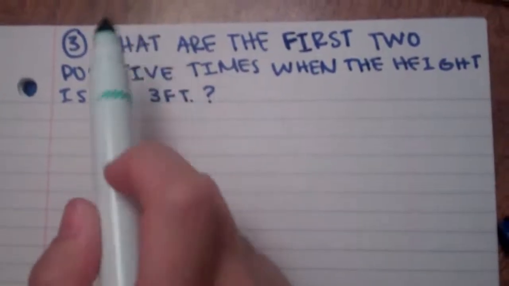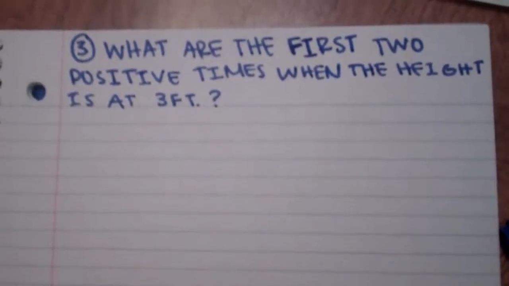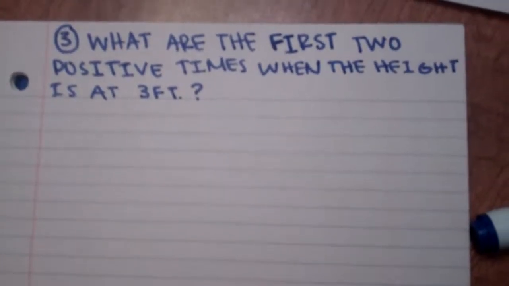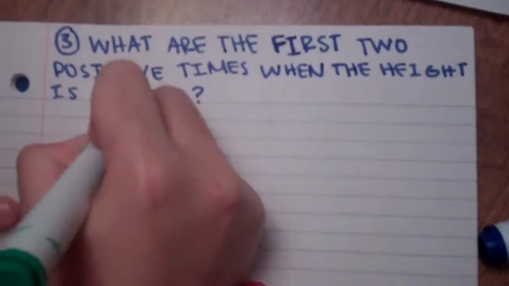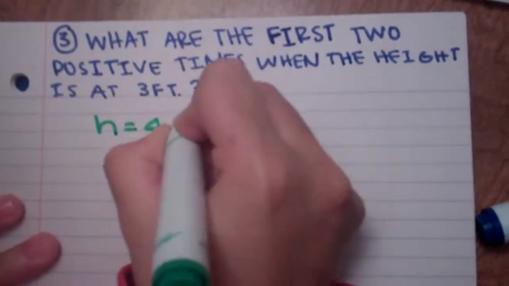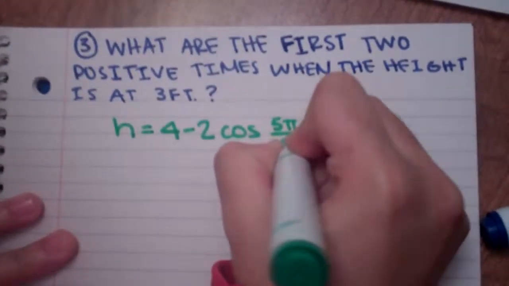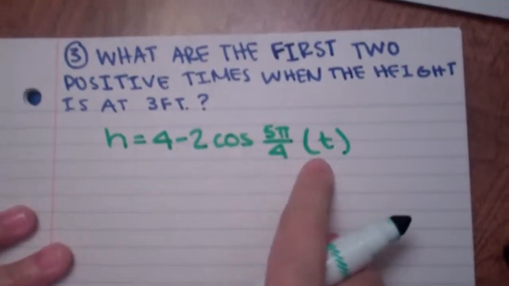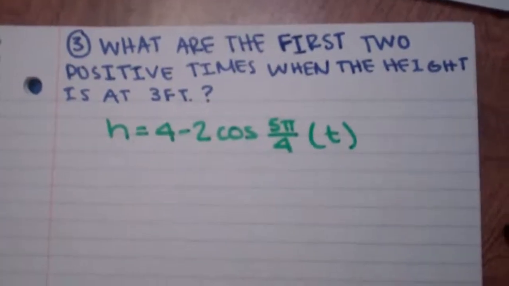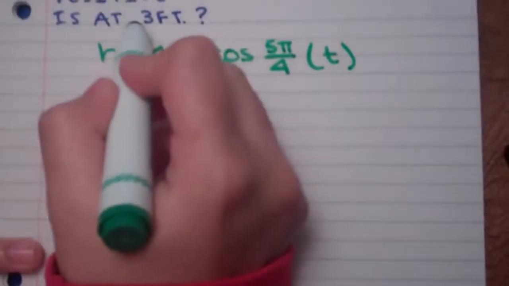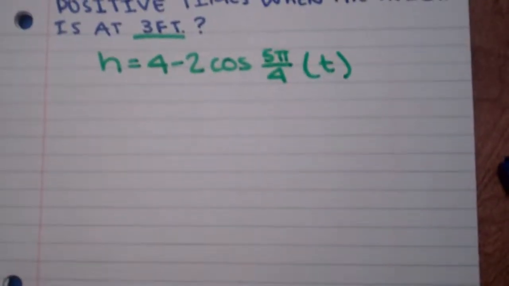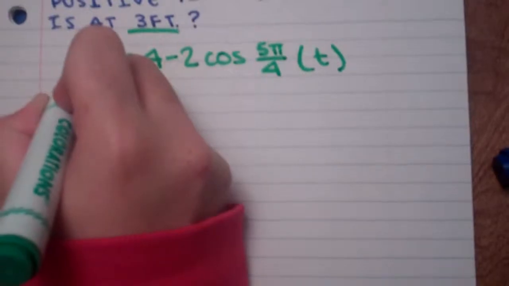Question number 3. What are the first 2 positive times when the height is at 3 feet? So first we're going to start with our equation. H equals 4 minus 2 cosine 5 pi over 4t, where t equals time and h equals height. We're given 3 feet, so we're going to set the whole equation to 3.